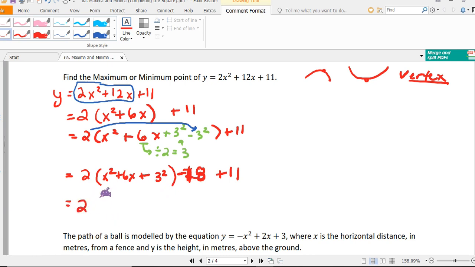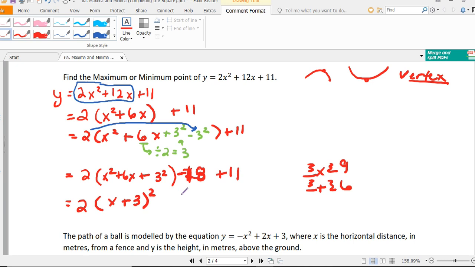Well, because this is a perfect square, I need two numbers that will multiply to give me 3 squared, which is 9, and add to give me 6. And what are those two numbers? 3 and 3. So it's just x plus 3 squared. Okay, because x plus 3 times x plus 3 will give me this.